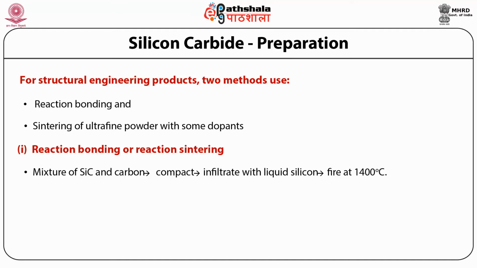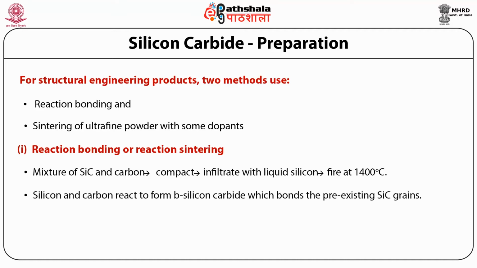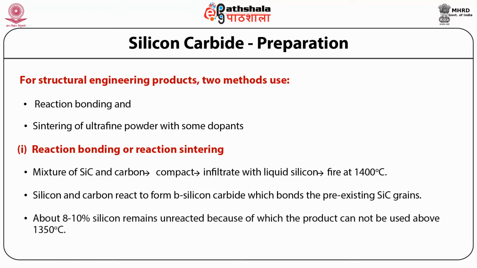Firing is carried out at 1400 degrees Celsius. Silicon and carbon react to form beta silicon carbide, which bonds the pre-existing silicon carbide grains. It is difficult to react the silicon totally. About 8 to 10% silicon remains unreacted, because of which the product cannot be used above 1350 degrees Celsius.